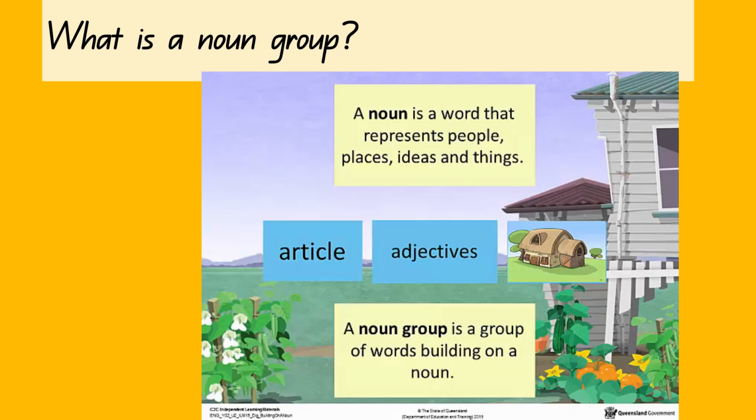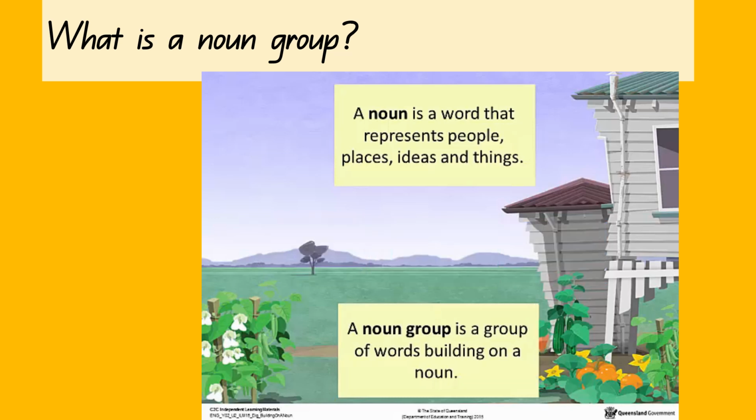So the words a tiny stone house gives us a picture in our head of what the house would look like. These words have built on the noun house and are called a noun group. A tiny stone house. Let's look at another example of a noun group. This time the noun is shack. What do you imagine when you read the word shack?